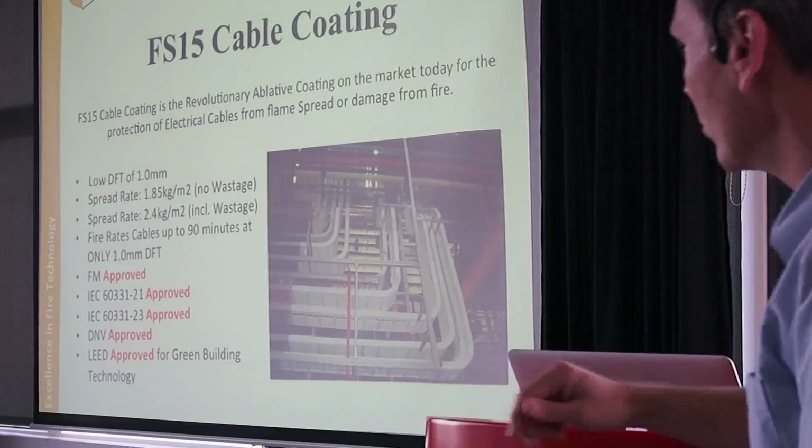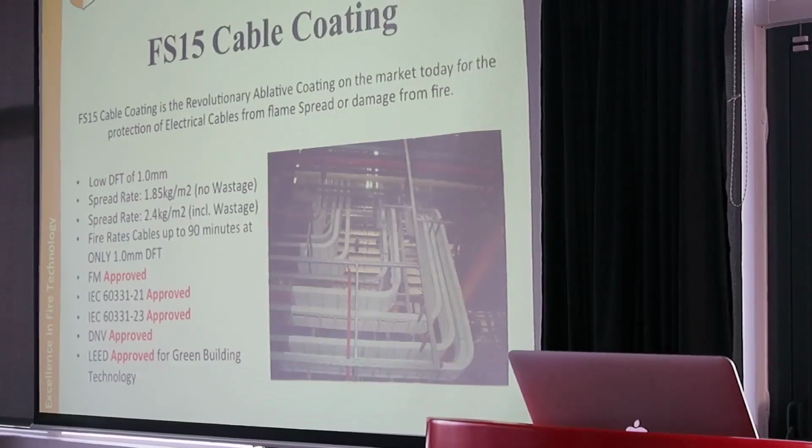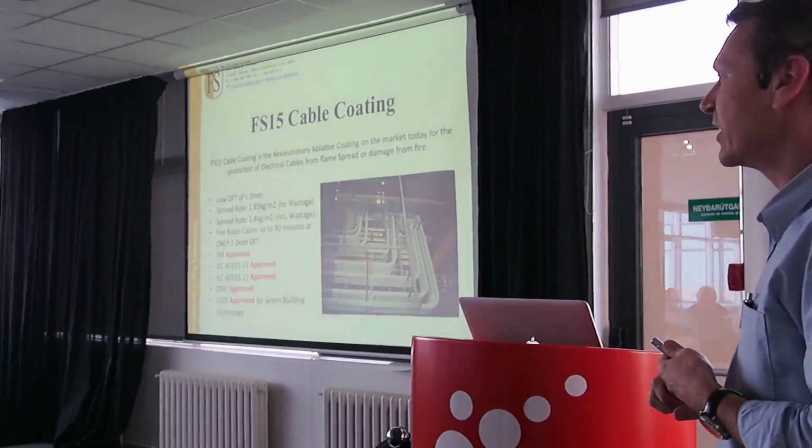So with our FS15, FS11, FS1 and FS5, four cable coatings in total, it's a revolutionary ablative cable coating on the market today. It's a non-intumescent coating. Intumescent means that it expands under fire and insulates. Ablative is exactly the same function as dry ice.